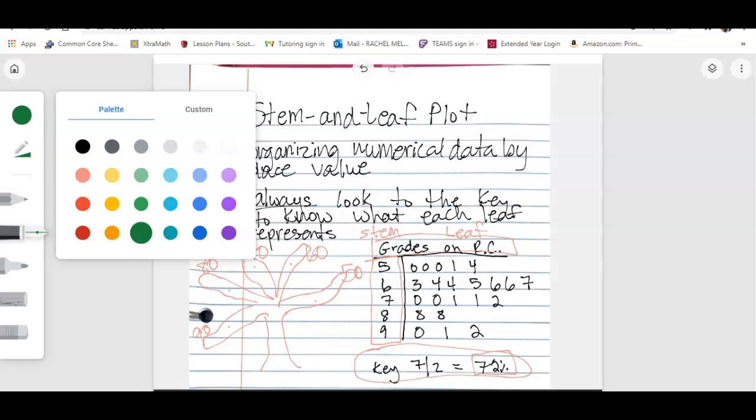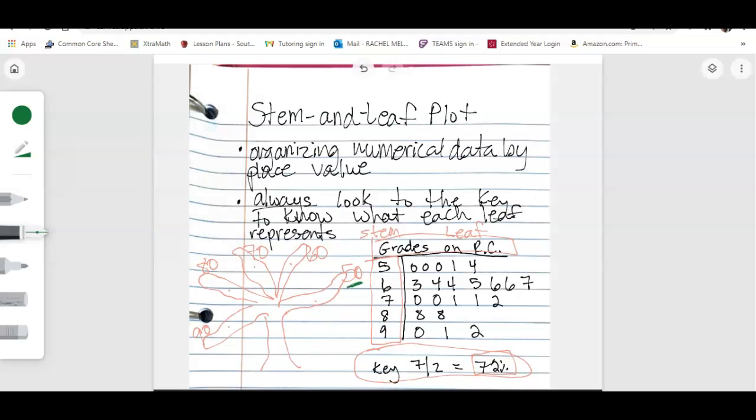So I'm looking at the 50s. The stem is telling me these need to go on this limb. If the stems are the tens place this time, the leaves are the ones place.